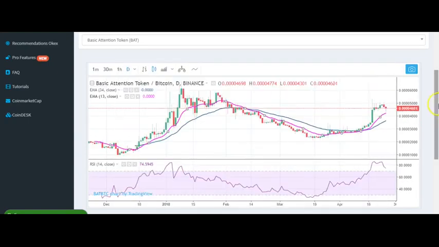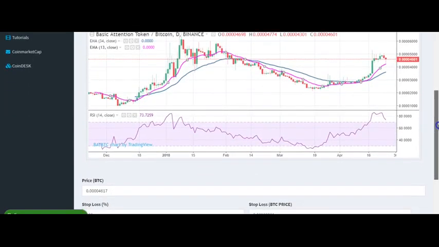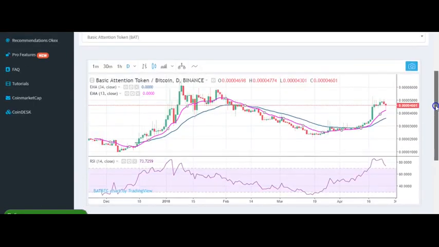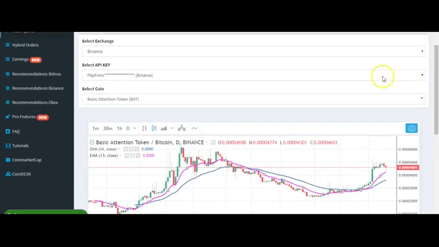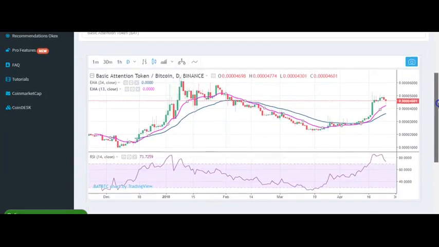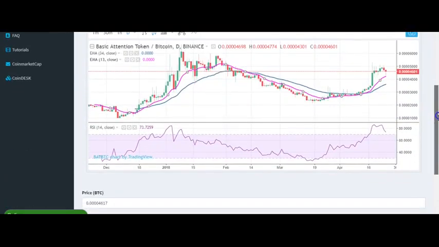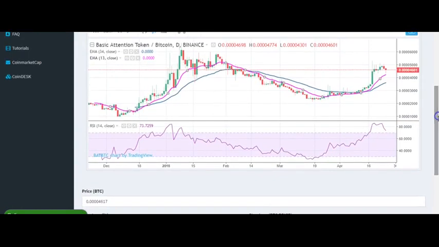Okay. But I'm not going to really do all that right now. I'm just going to show you how easy it is to trade with this bot on Kraken. So let's say now this isn't the time to buy. This is the time to buy in here on the 1 day.